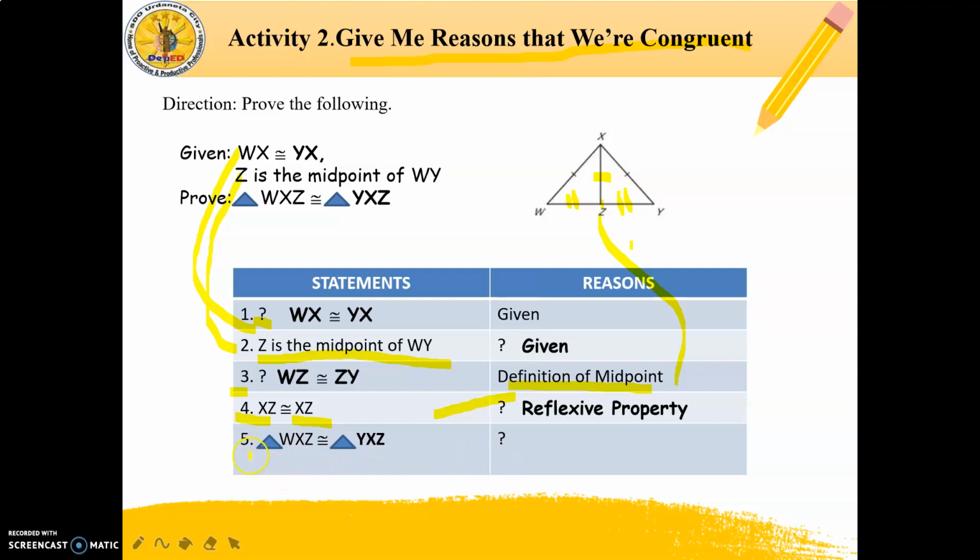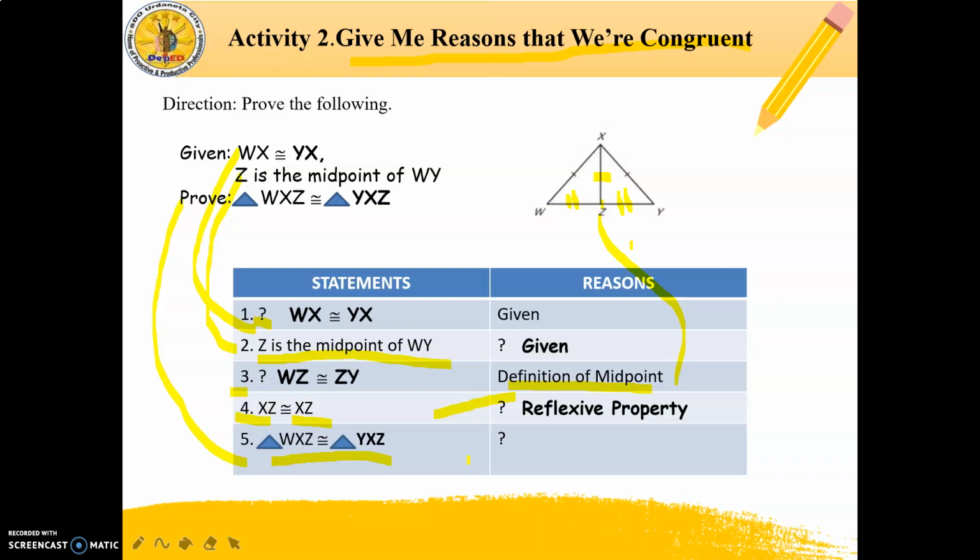Now, since number 5 is the last row, and I said earlier that the last row is where you can see what to prove, you have to prove the triangle WXZ is congruent to YXZ. But it must be supported by a reason under the second column.